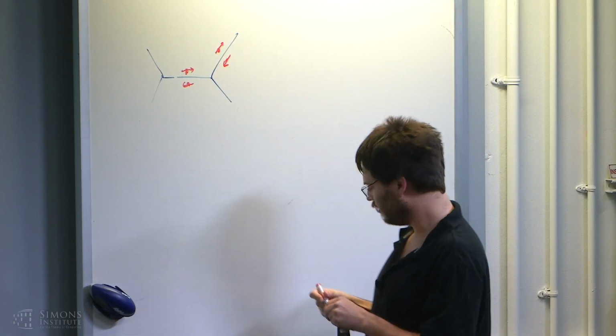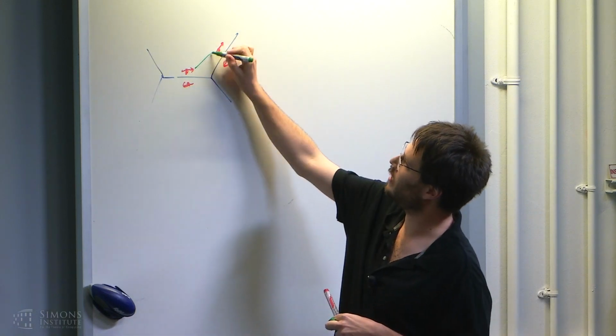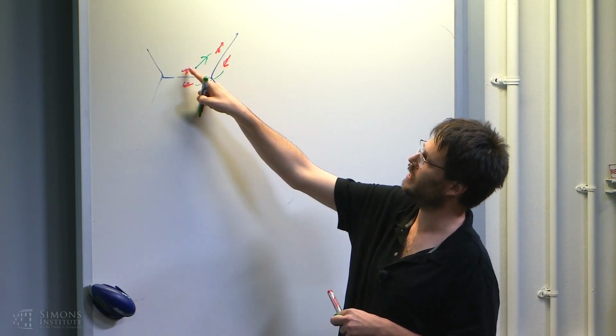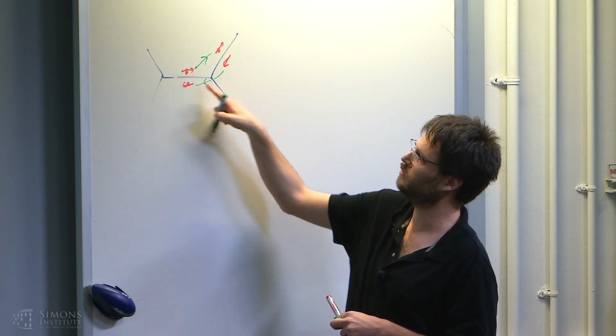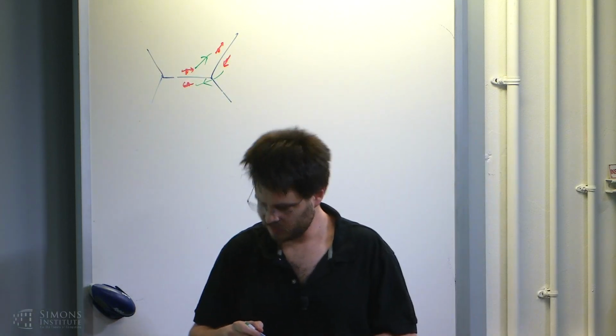And then you connect things in the new graph if they describe a non-backtracking walk. So from here I can go here, from here I can go here, but I can't go from this one to this one because that would correspond to backtracking. So this is what I mean by the edge digraph.